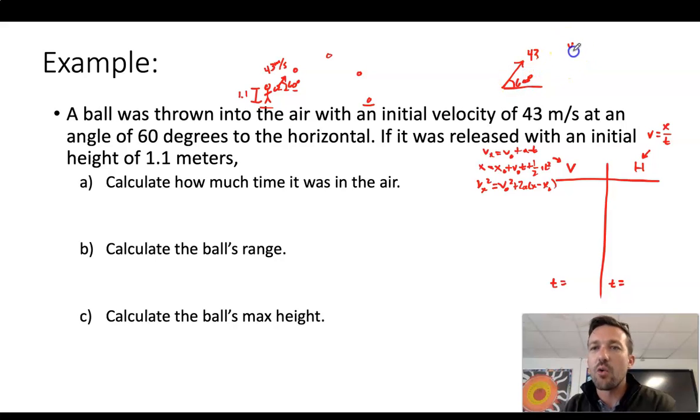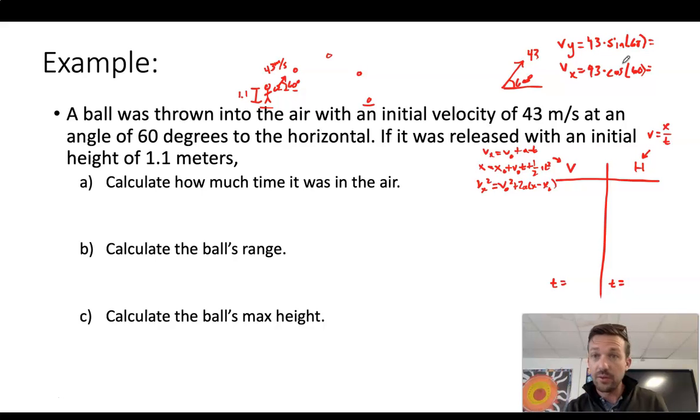So to get your y velocity, here I'll call it the y velocity like that, and to get your x velocity, you just multiply by the stuff that you have. So 43 times sine of 60. And here, 43 times cosine of 60. Okay, and that will give you your horizontal and your vertical velocities.